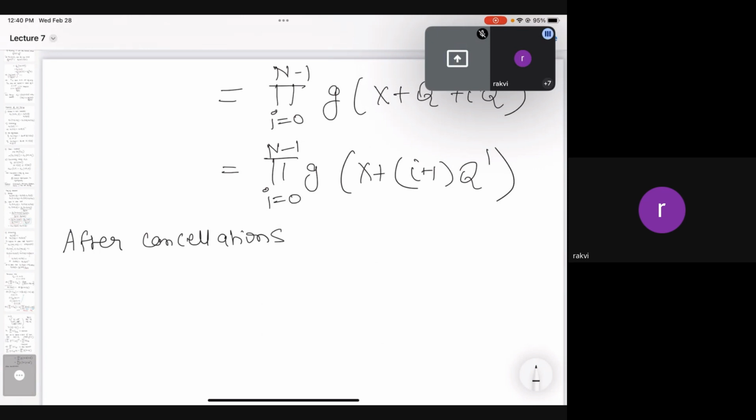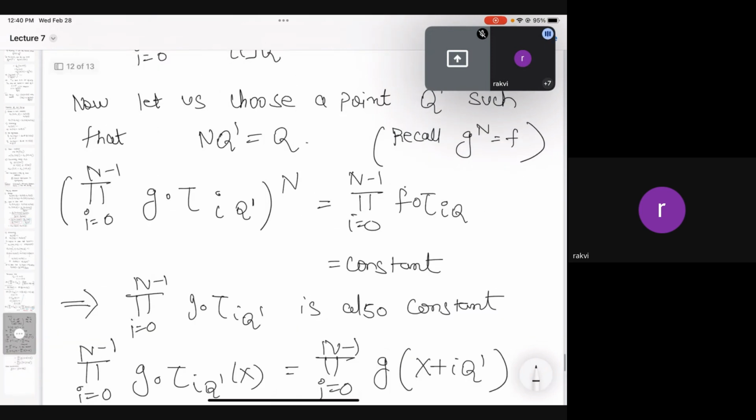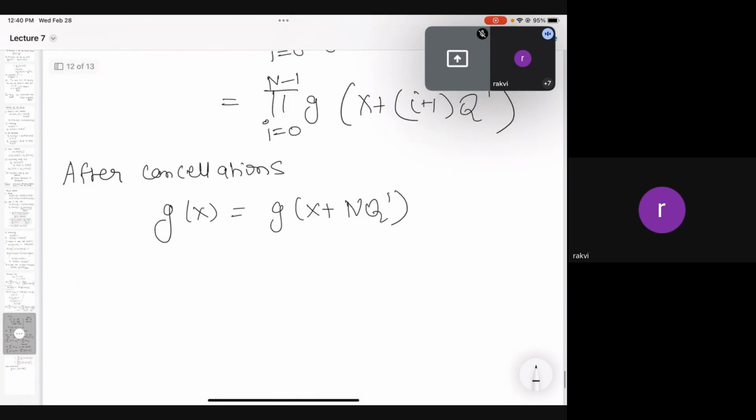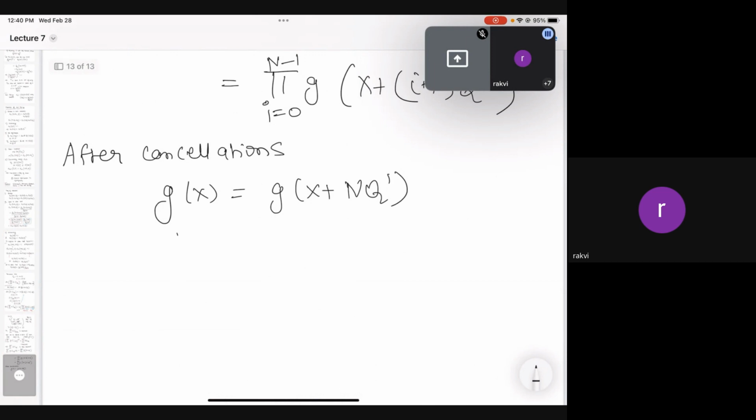And that is, we'll be left with g of x, and on the other side we'll be left with g of x plus n times q bar. But q bar was chosen strategically. n times q bar is exactly q. And this is what we had. This is what we wanted to show.